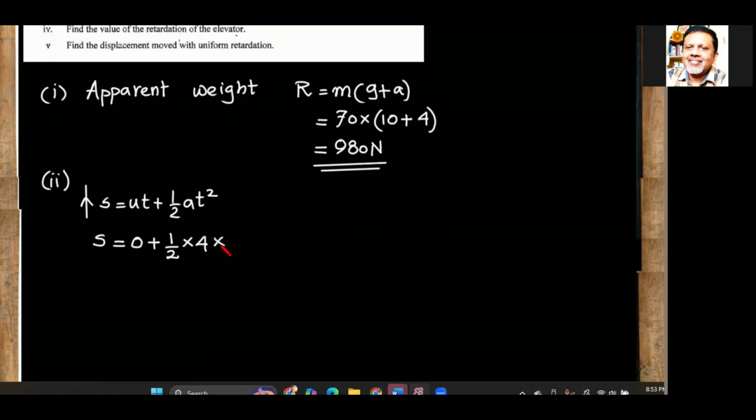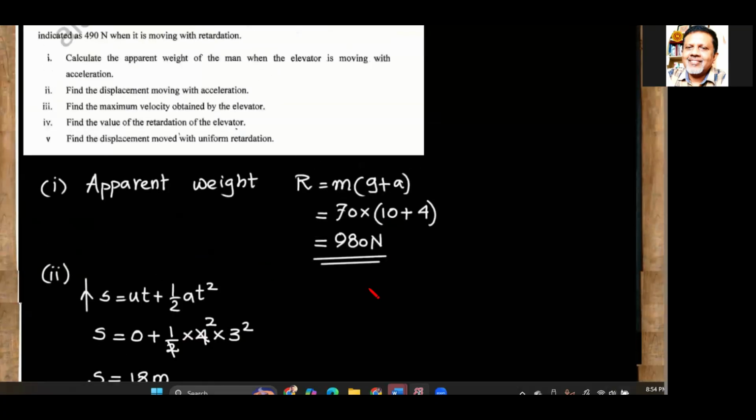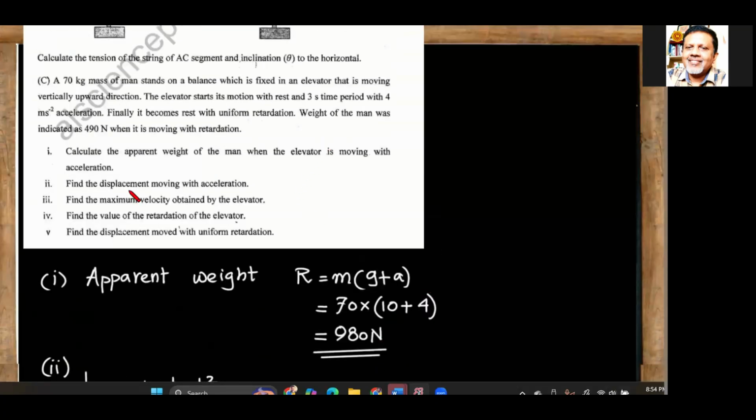And the time it takes is 3 seconds, the square of 3, because t squared is there. So the vertical displacement of the elevator should be half times 3 squared, that is 9, 9 times 2 is 18 meters. So this is the displacement during that 3 second time period.